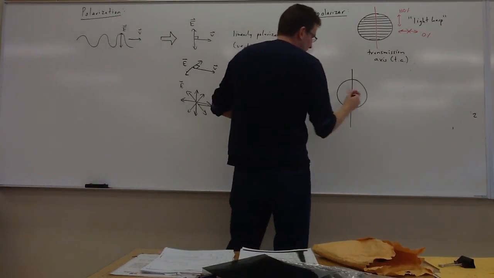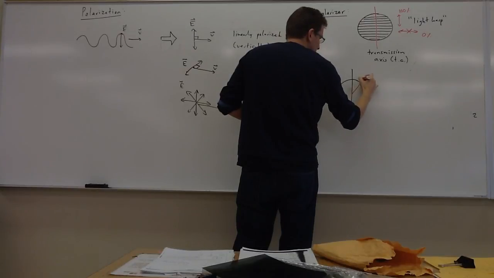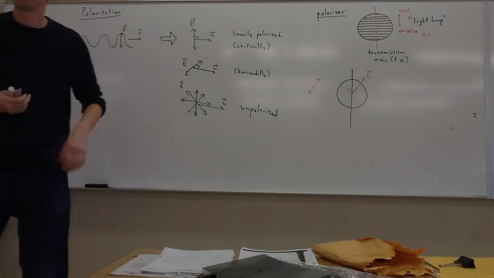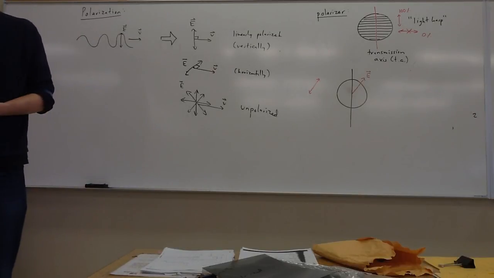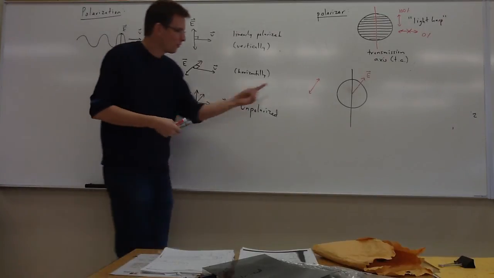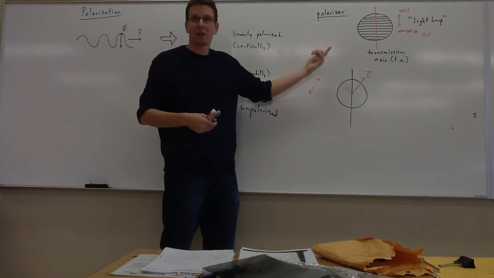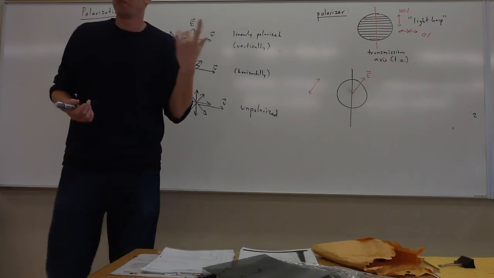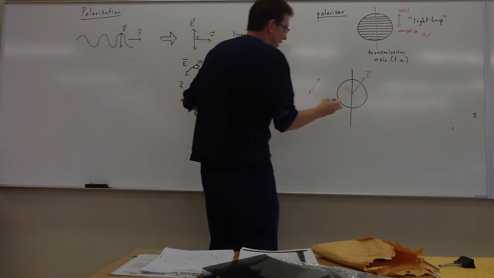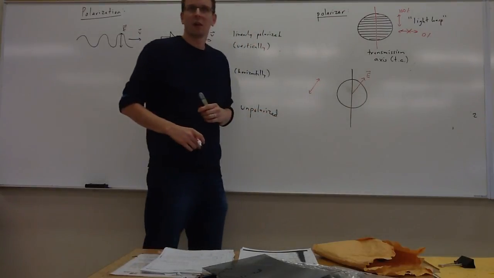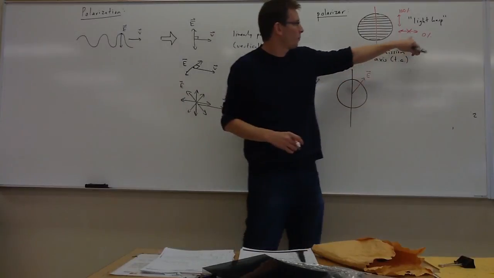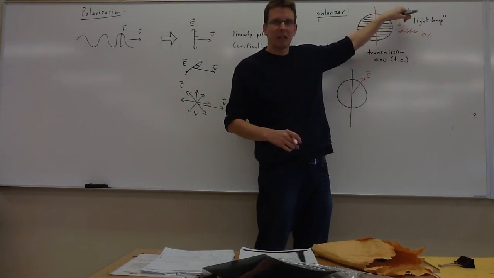So let's sketch in here. At a given moment, let's say the electric field comes in like this. This double-headed arrow that I've been drawing is representative of the fact that it oscillates first this way, then this way, but at any given moment it's going one particular direction, right? So I break this electric field into components. I think of this as a combination of something that will get blocked and something that will be allowed through.